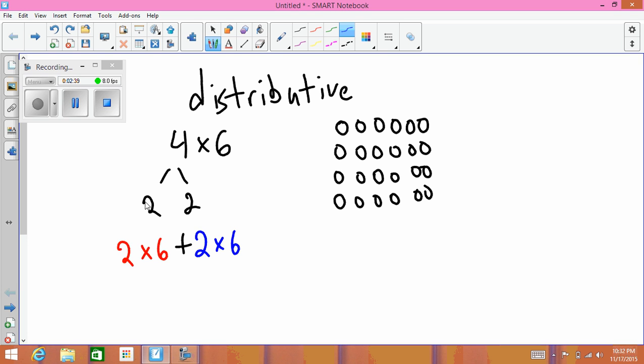So I'm taking this decomposed part of the factor and multiplying it by the 6, and taking this decomposed part of the factor and also multiplying by 6. To find my product, I'm going to add those 2 smaller products together. So we know that 4 times 6 is going to be 24. If we solve this, it's going to end up being 24.